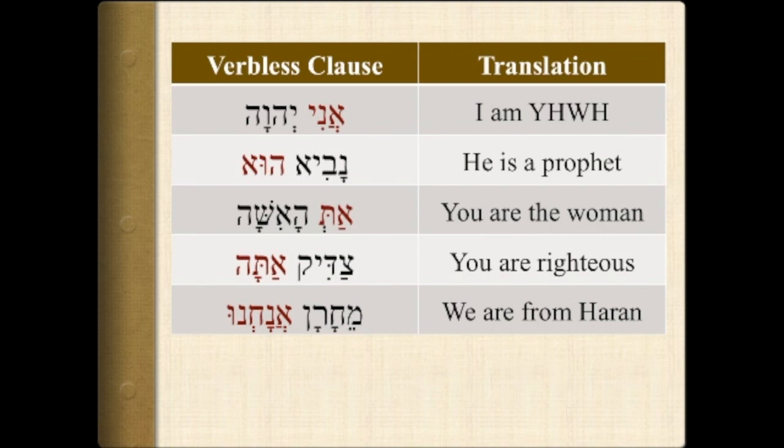And the last example, me-Haran anachnu. We are from Haran. And again, you are supplying the verb to be in order to turn it into a clause in English.